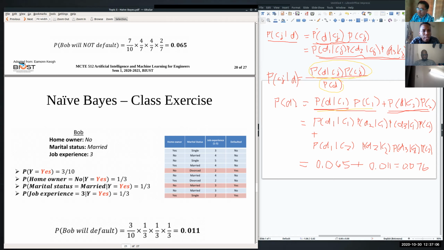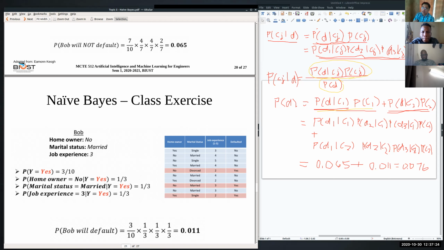So we could conclude that Bob will not default. Yes, we can conclude, or make a judgment, that Bob will not default. Yeah, that judgment is correct.